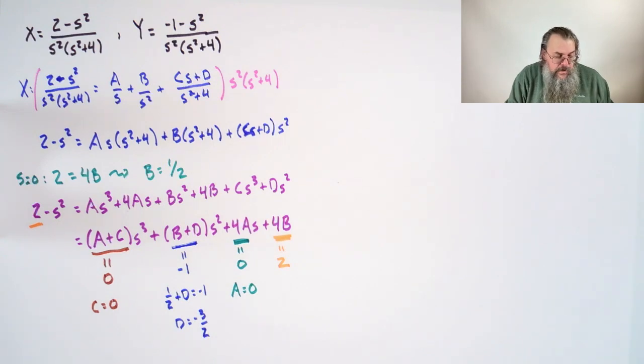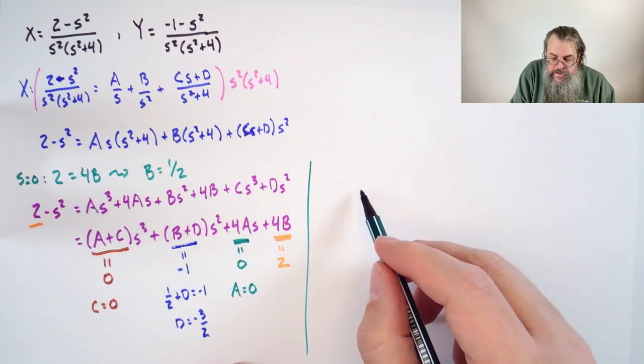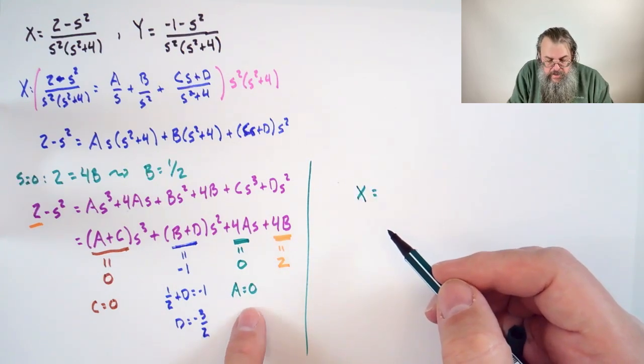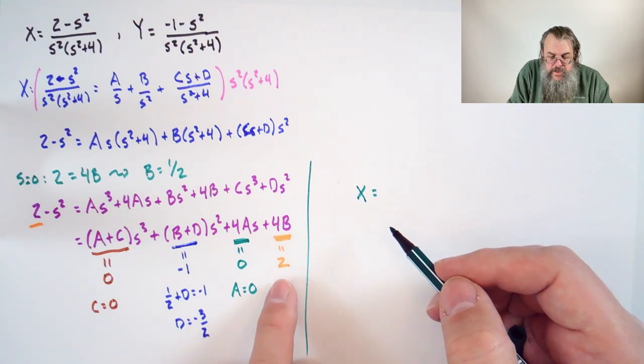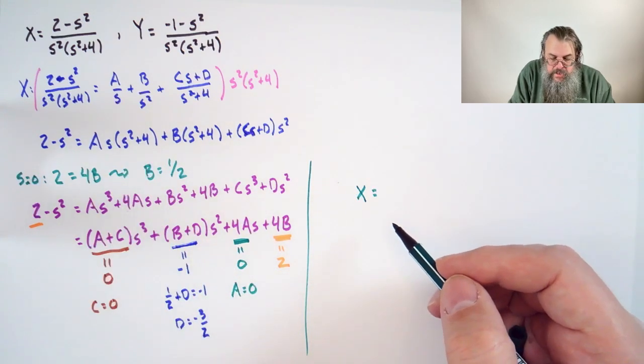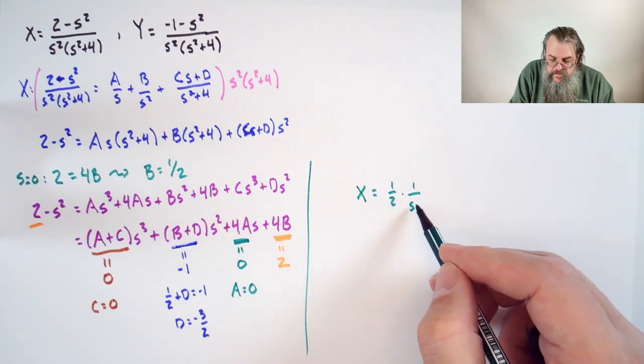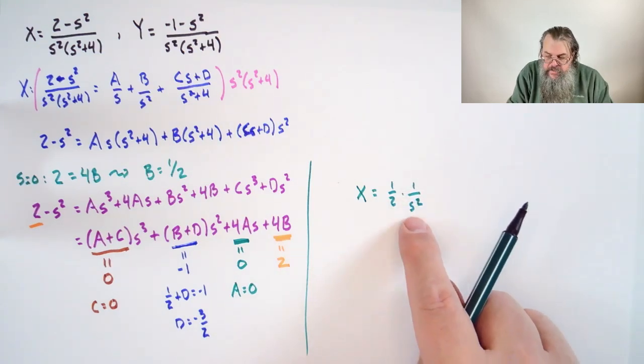Okay, that's good. So what do we have? At this point, catching up, we have that capital X is a over s, which is nothing, then we have b, which will be 1/2 times 1 over s squared. We'll come back to that in a second.